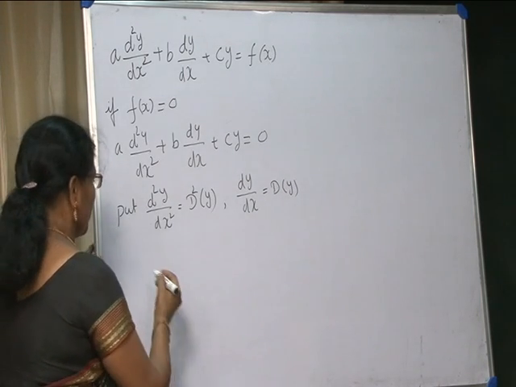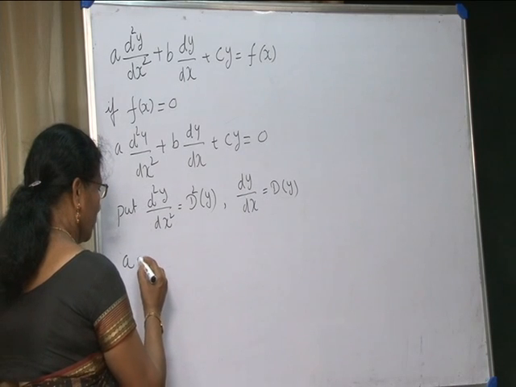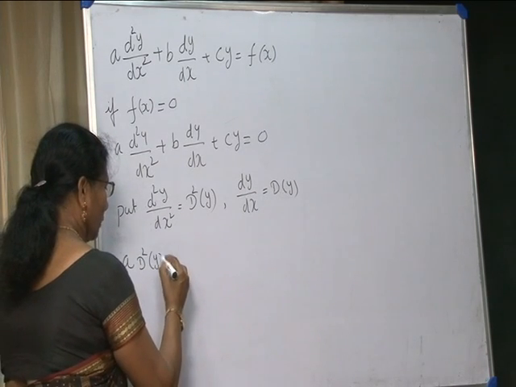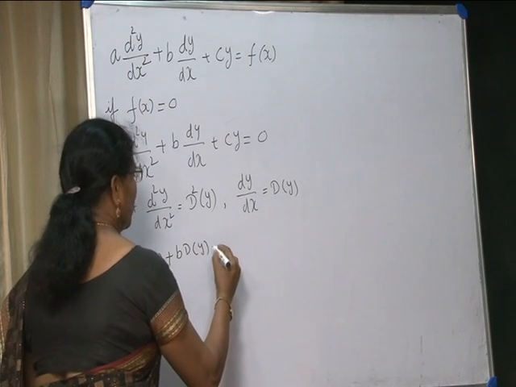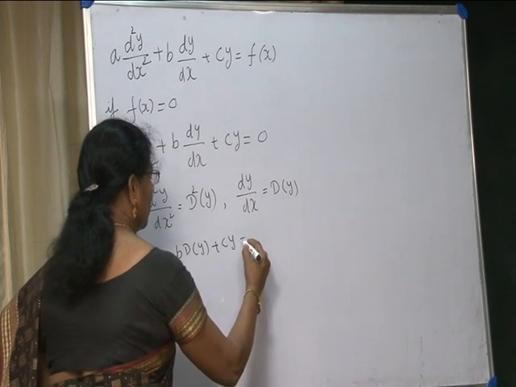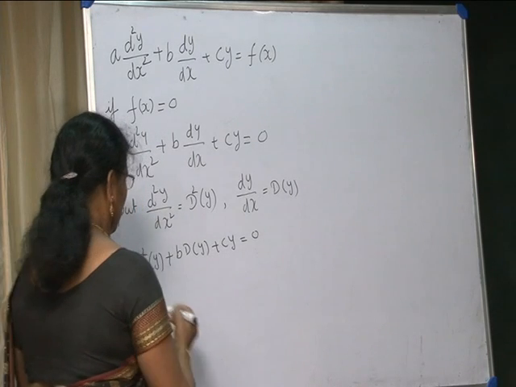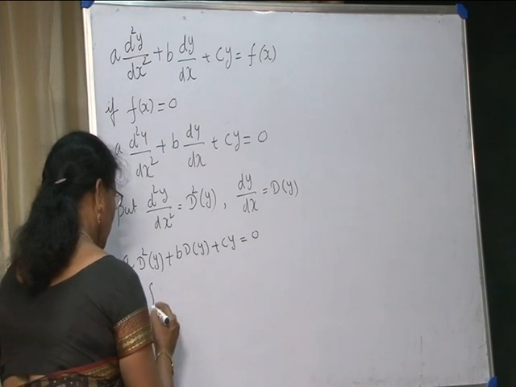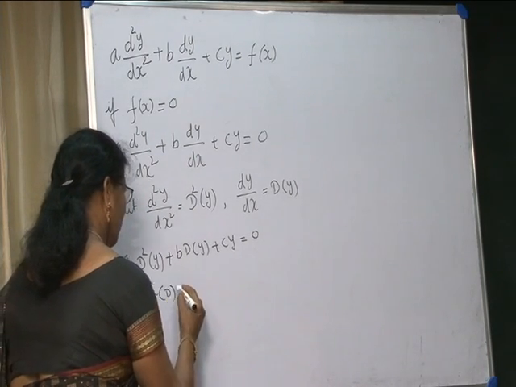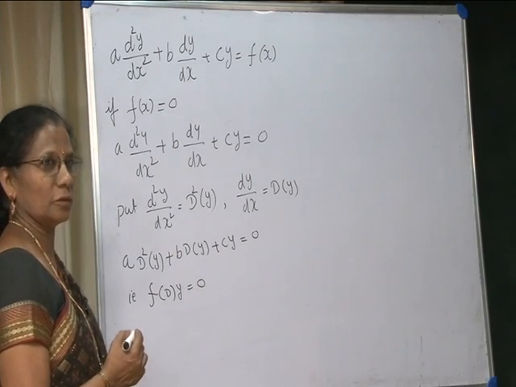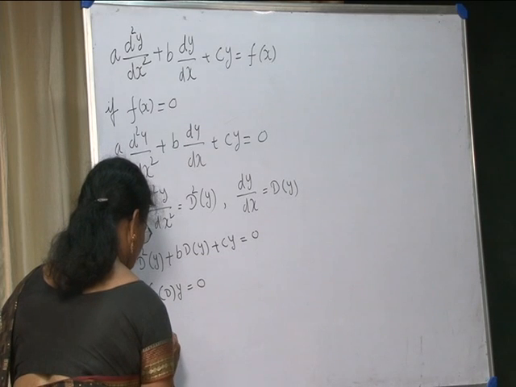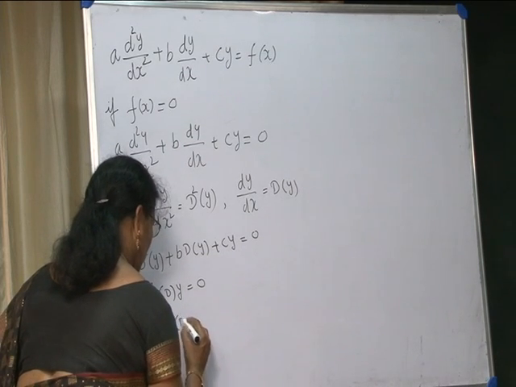Therefore, this equation becomes a into d squared y plus b into dy plus cy is equal to 0. That is f of d y is equal to 0.